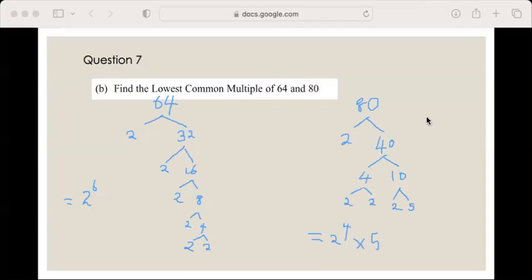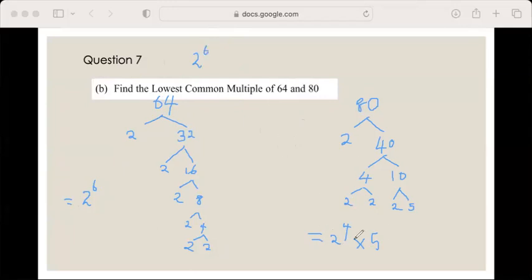Right, now let's see your second answer, your part B for question 7, which is finding the LCM of both the numbers 64 and 80. Here we have the prime factors. So you know the lowest common multiple means you need to find the highest of the factors. So here the one factor just 2, and here 2 and 5. So highest of 2 we can see is 2 to the power of 6.